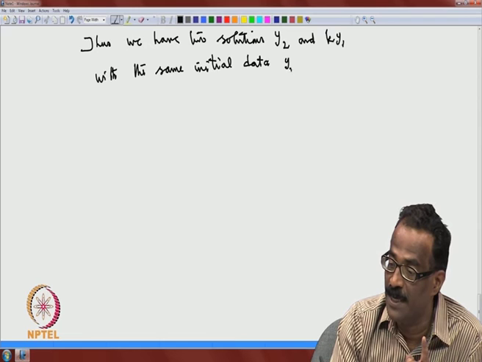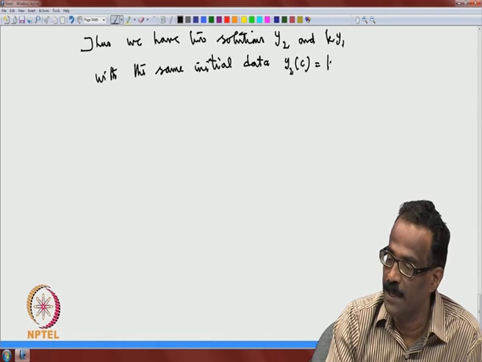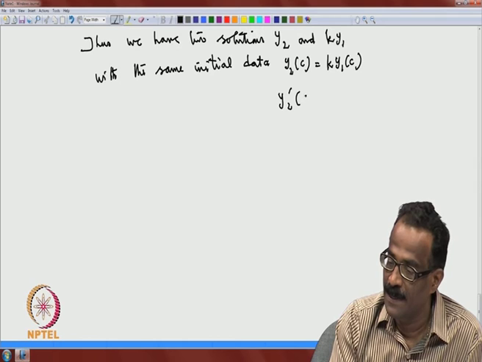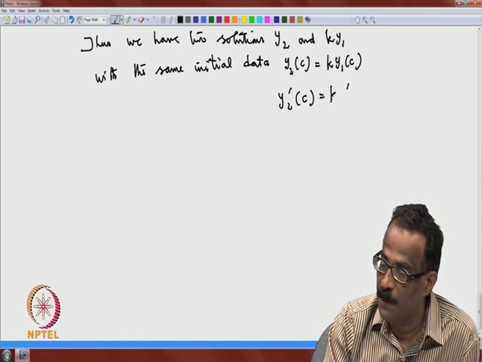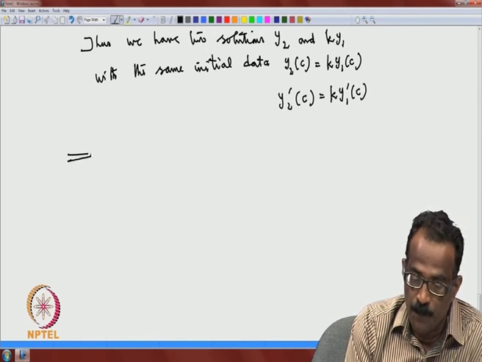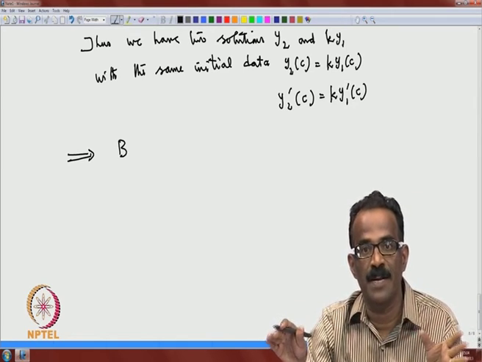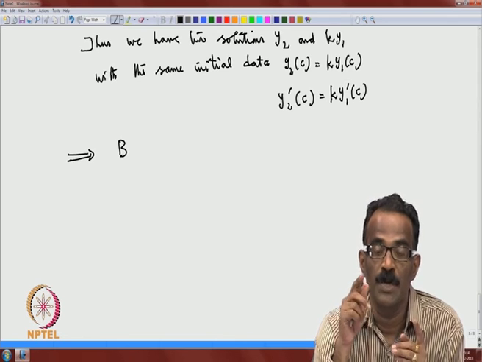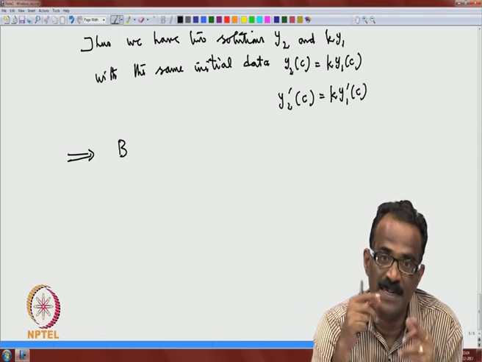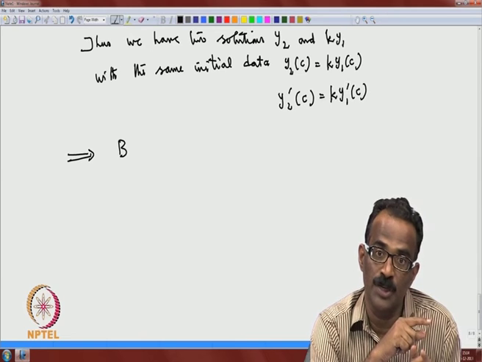You need to understand two initial data: y2 at C is equal to k y1 at C, and y2 prime at C is equal to k y1 prime at C. I am thinking of C as my initial point, that is nothing wrong in that. Therefore, by uniqueness y2 and k y1 have to be the same everywhere. That is what the initial value problem tells you. If you have two solutions in an interval for the homogeneous equation with the same initial data, meaning y and y prime, then that solution is unique.